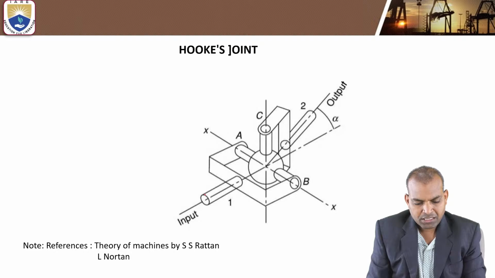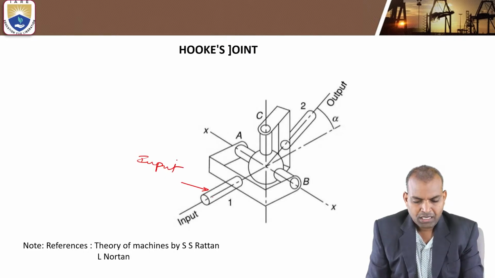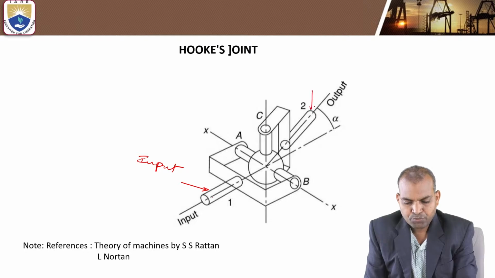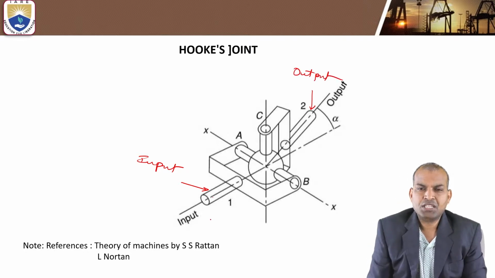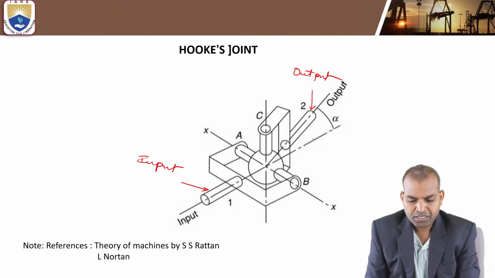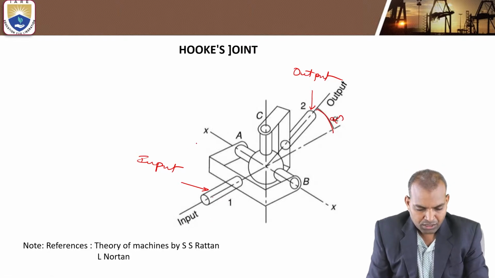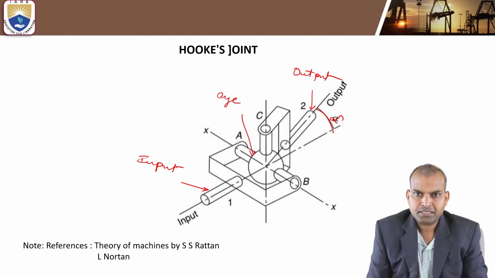This one is the input shaft, and this is the output shaft. The angle of inclination of the output shaft is alpha, and this part is called the I end, this is called the I arm, and these are the forks.